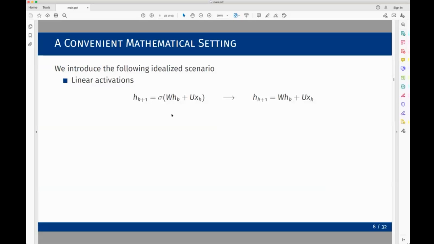First, we drop the nonlinear activation and instead consider a linear activation: h_{k+1} = W h_k + U x_k. Second, we take a continuous time limit for the original dynamical system. Instead of the discrete time dynamical system, we consider its continuous time analog: h_t dot = W h_t + U x_t. These are 2 starting simplifications that we introduced for this setting.